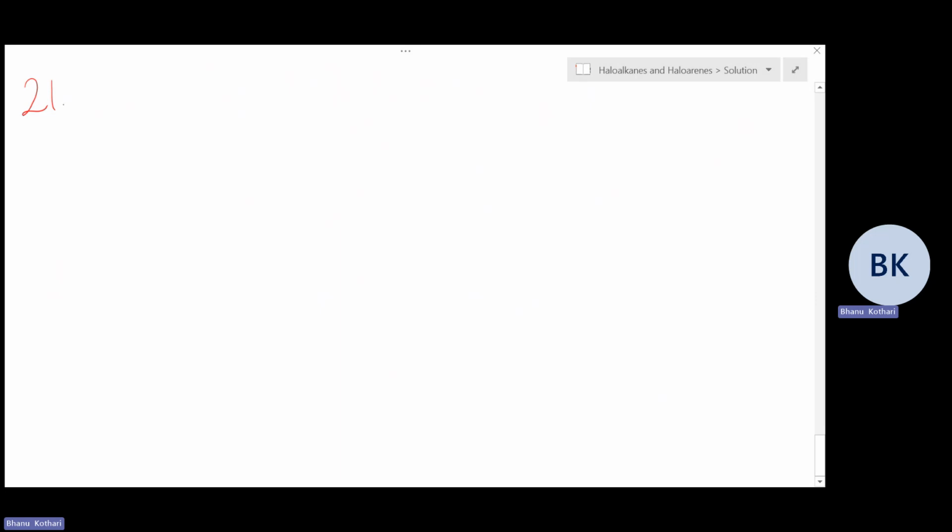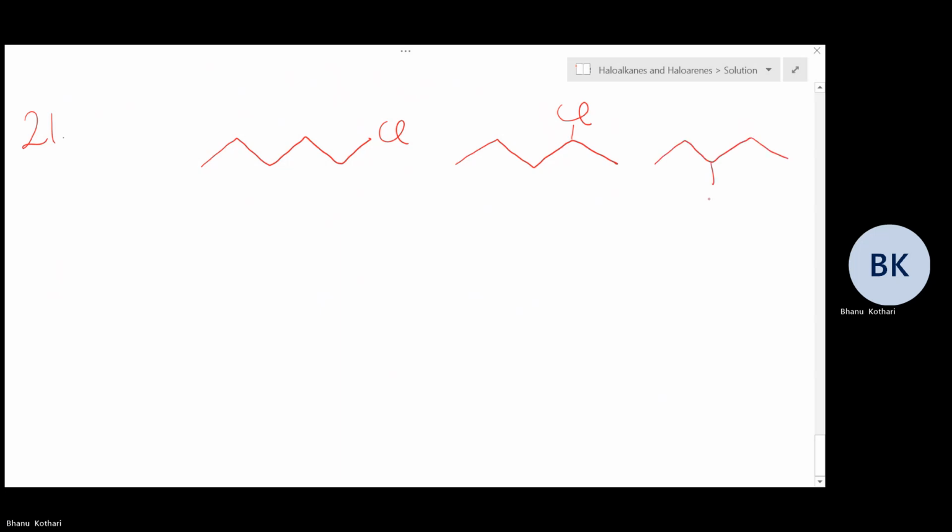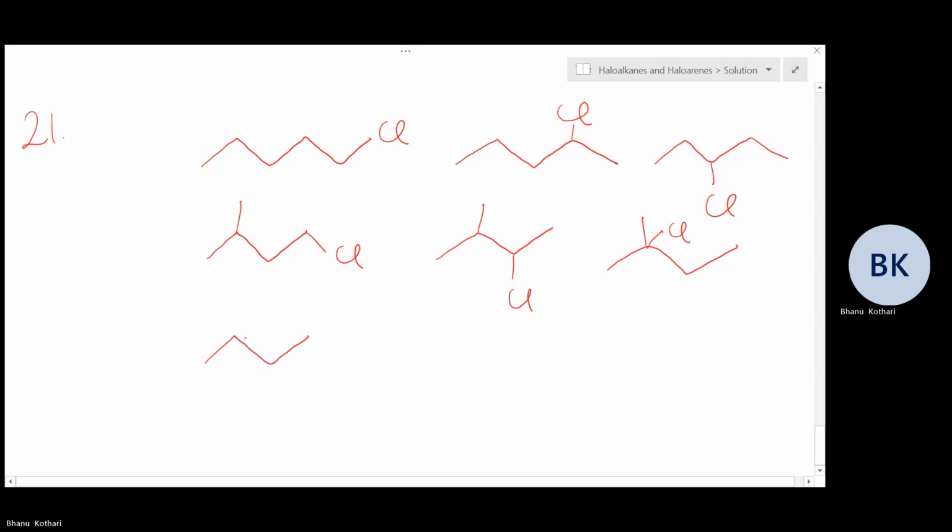So C5H11Cl will have how many isomers? 1-chloropentane, 2-chloropentane, 3-chloropentane, 1-chloro-3-methyl butane, 2-chloro-3-methyl butane, 2-chloro-2-methyl butane, 1-chloro-2-methyl butane, 1-chloro-2,2-dimethyl propane.